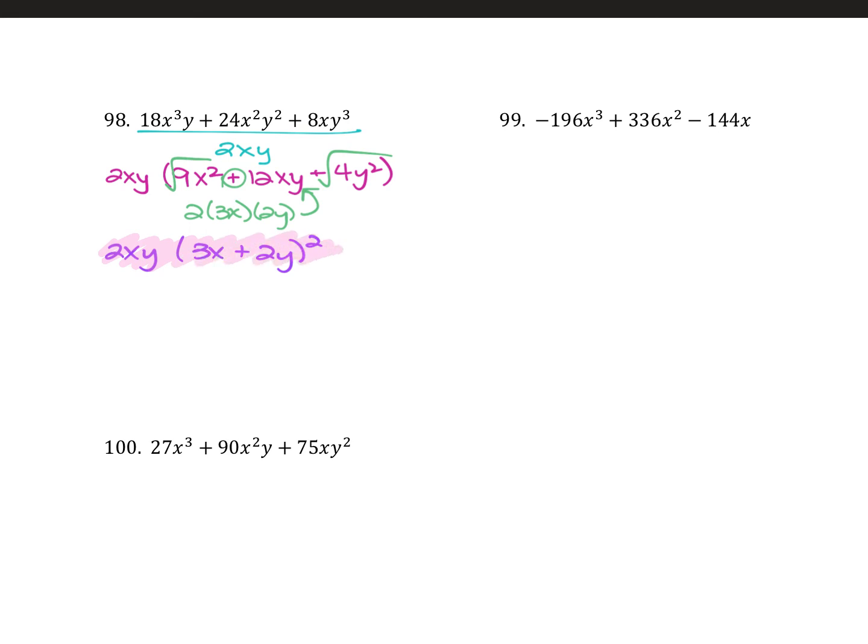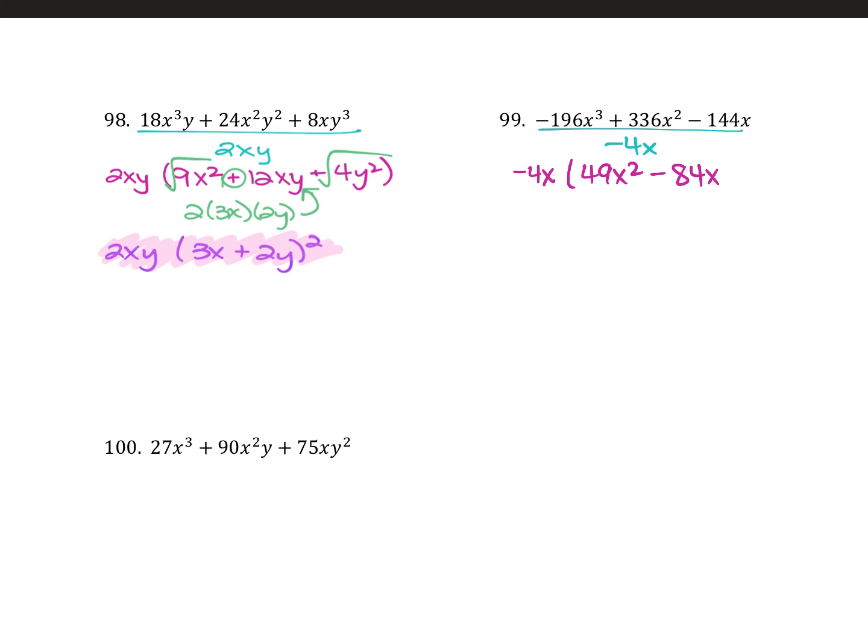For number 99, you have negative 196x cubed plus 336x squared minus 144x. I'm going to start by dividing these by a negative 4x, and that goes outside. This is going to leave me with a positive 49x squared. The 336 divided by negative 4 is going to be a negative 84x.